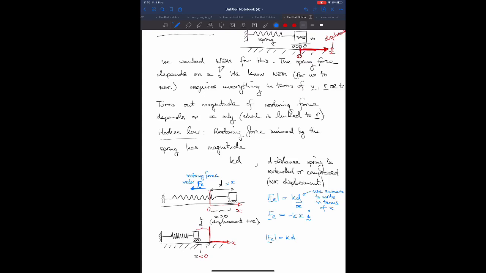Simultaneously, I know that the restoring force of the spring will try to push the mass to the right, to bring the spring back to its original position. So I can build the vector in this way. First of all, I know that it's k times d. I should have i, and we need to write this in terms of x.